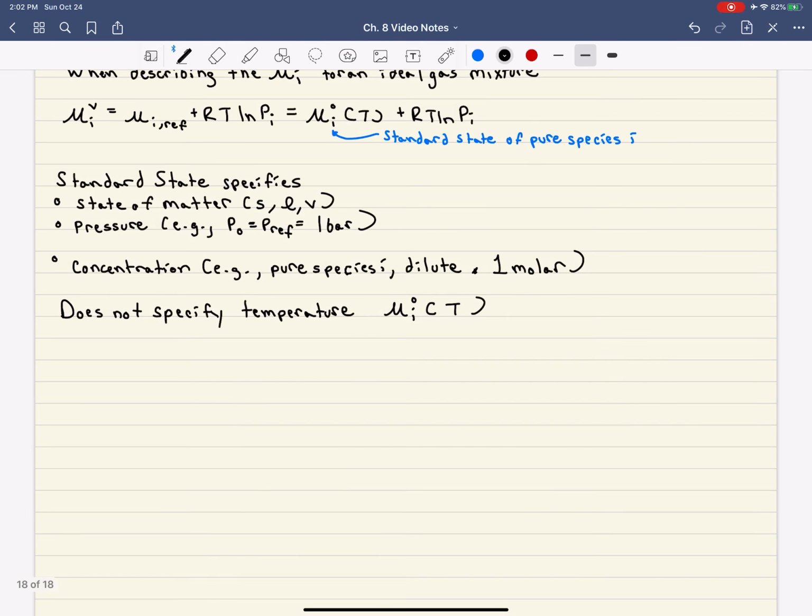In any case, the reason I bring this up is because when we talk about dilute solutions, we're going to write the chemical potential in this format.